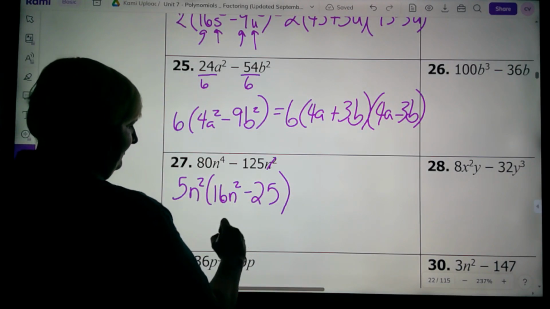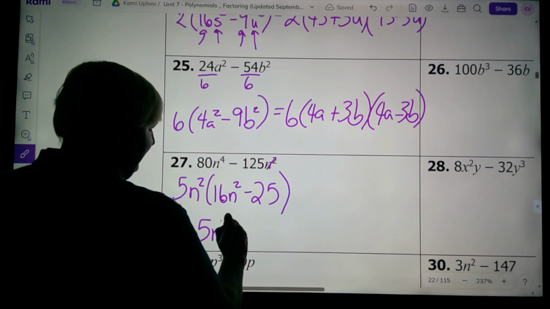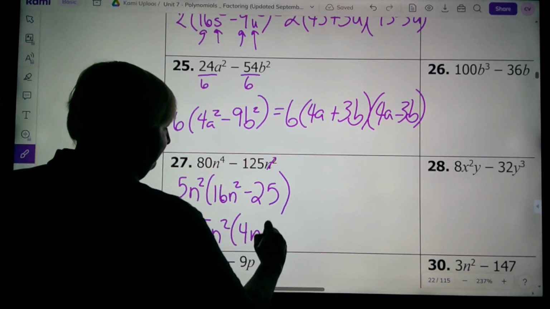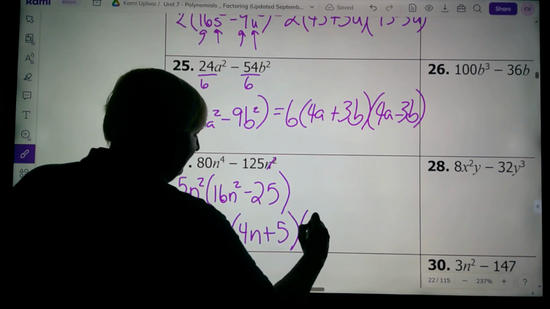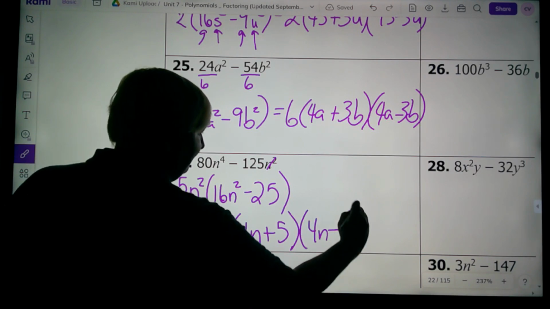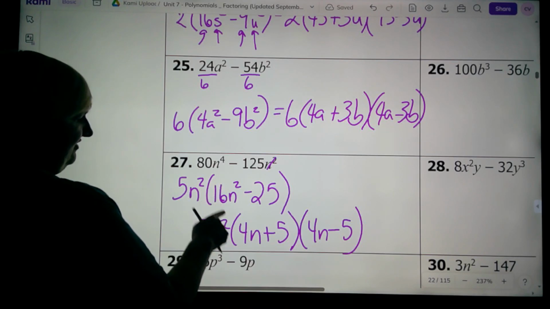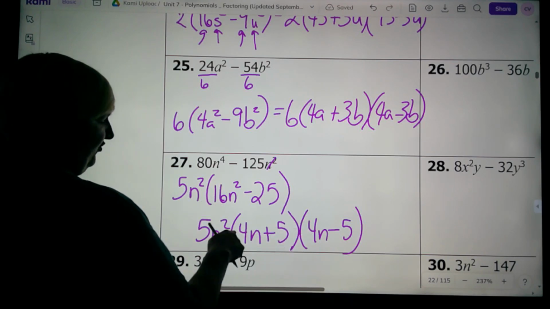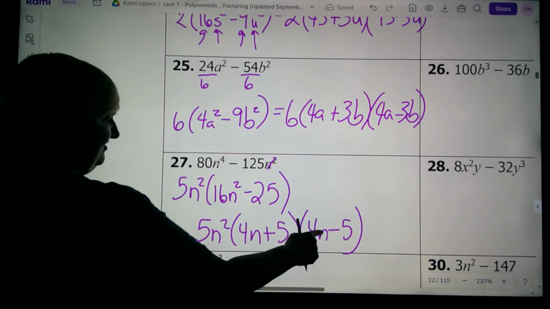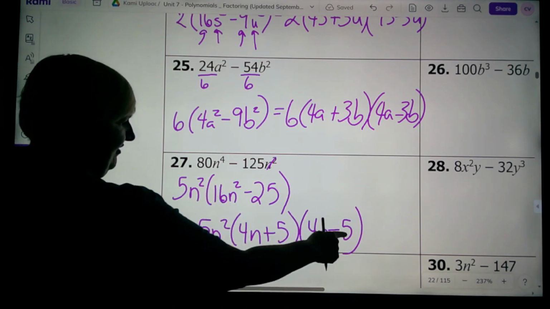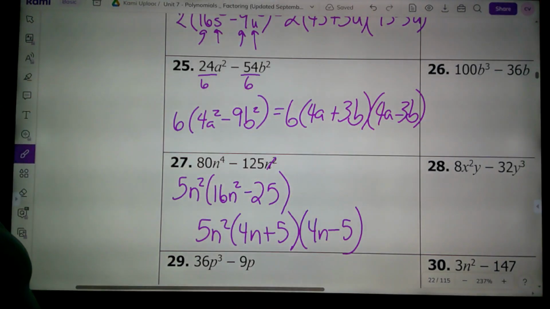So now we have 5n squared times 4n plus 5 times 4n minus 5. Right? 4 times 4 is 16, n times n is n squared, 5 times 5 is 25. Because they're perfect squares, I can break them down.